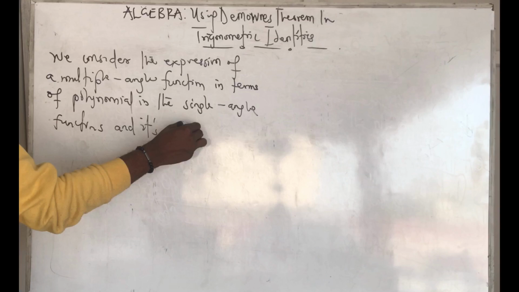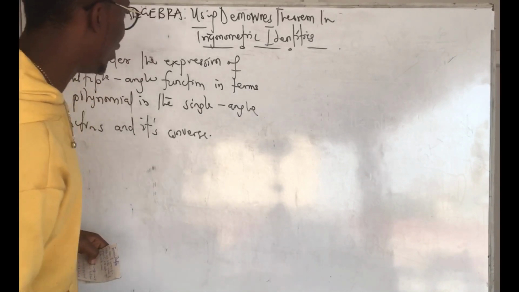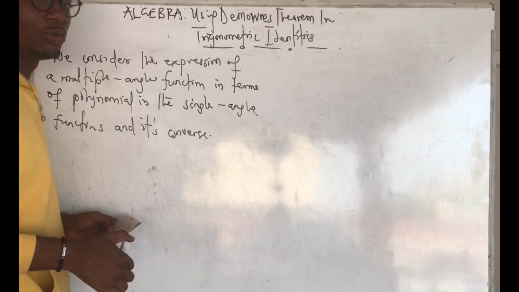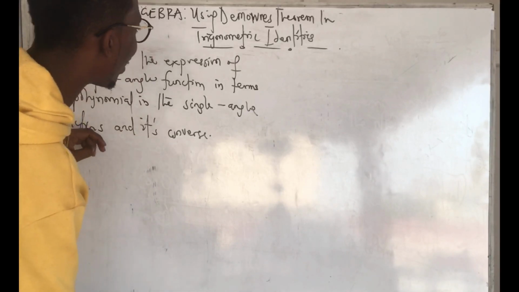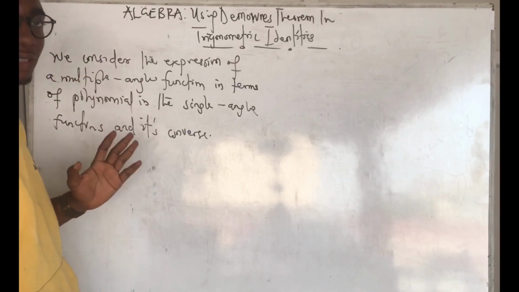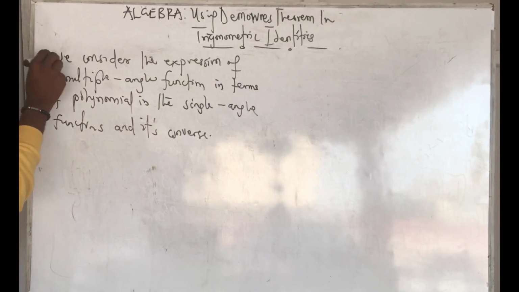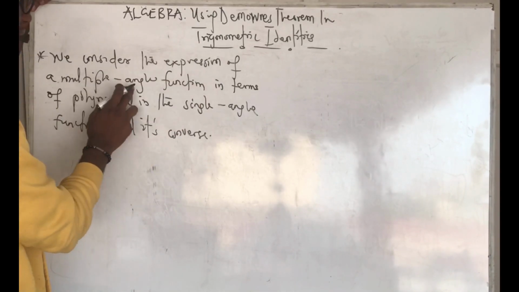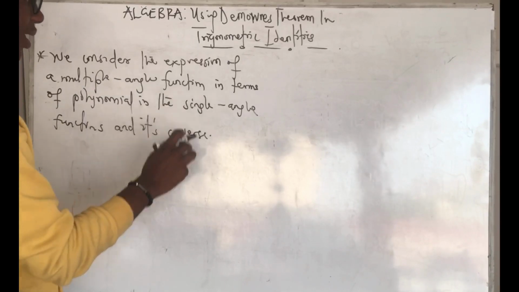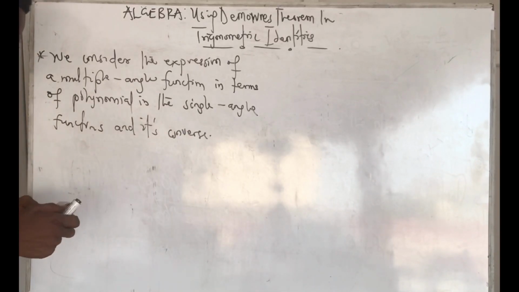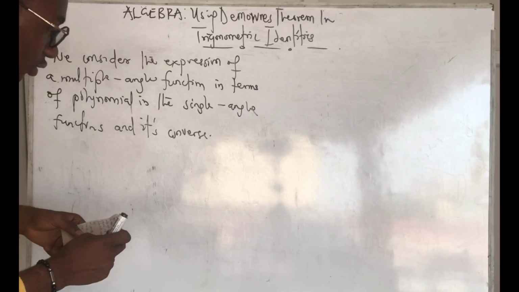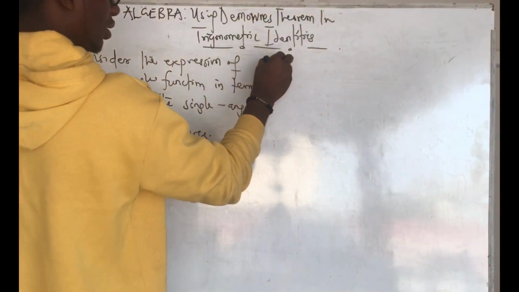So before we can use De Moivre's theorem in trigonometric identities, take note that first of all, you will consider the expression of a multiple angle function in terms of a polynomial in the single angle functions and its converse.